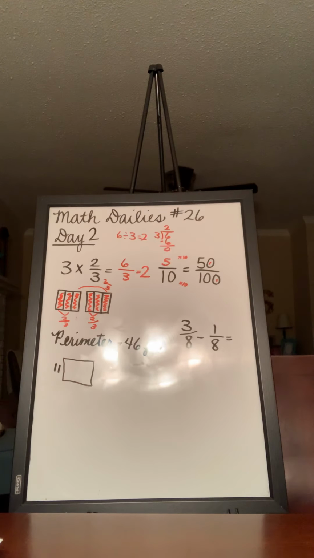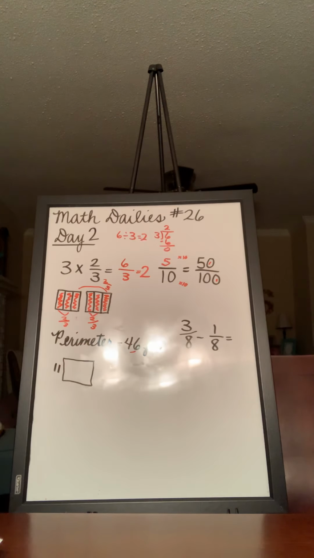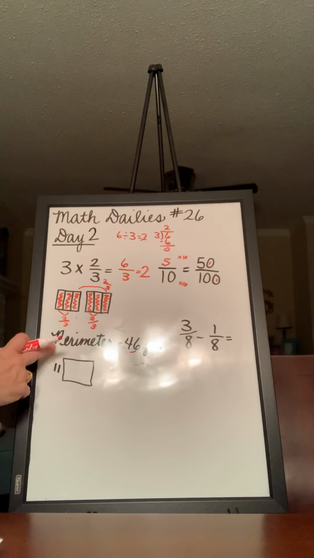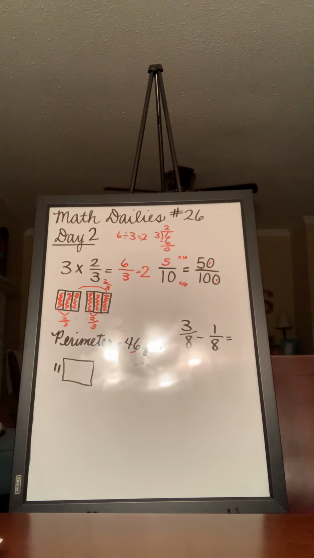Okay. All right. Next, Owen's bedroom has a perimeter of 46 feet. If the length of the bedroom is 11 feet, what is the width of the bedroom? So I drew a little picture of his bedroom, and we know that perimeter is adding all the sides, length plus width plus width.